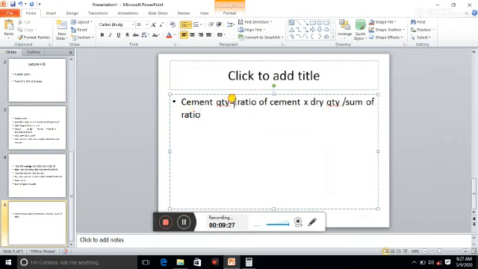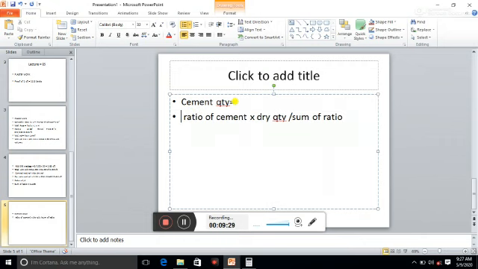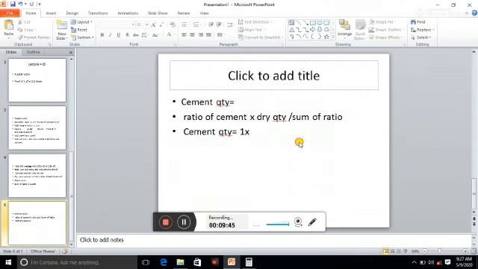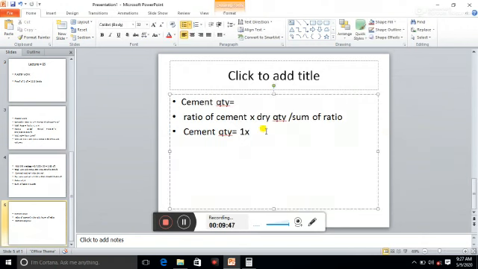Okay, so from ratio 1 to 4, the ratio of cement is 1. Cement quantity is equal to 1 into the dry quantity, which was 54, divided by the sum of ratio, which is 5.